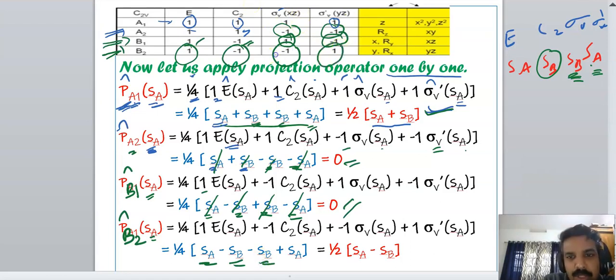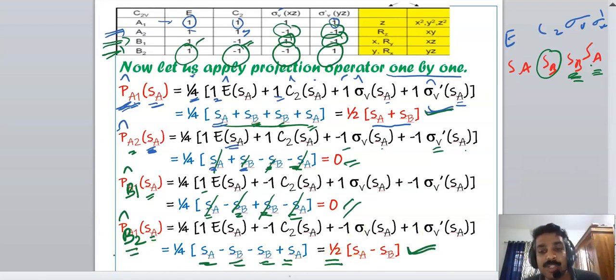And 1 into sigma V dash YZ into SA, that is SA itself, therefore 1 into SA. Again SA plus SA, 2SA minus SB minus SB, minus 2SB, or 2 we can take outside, 2 by 4 is equal to 1 by 2, so it is 1 by 2 into SA minus SB. Okay, that means the combination SA minus SB belongs to B2 symmetry.